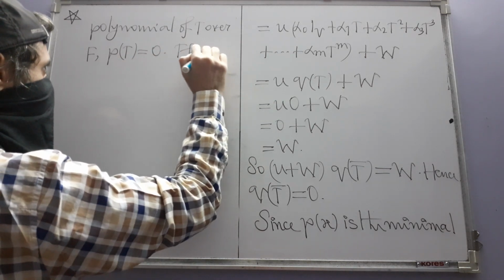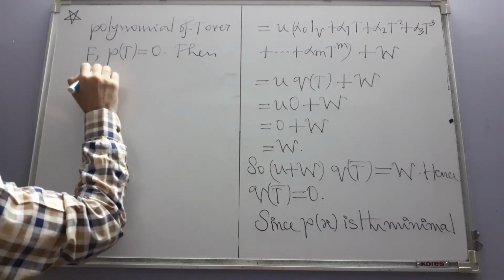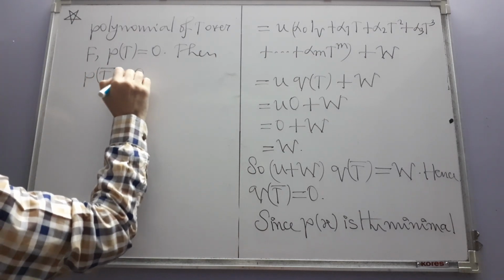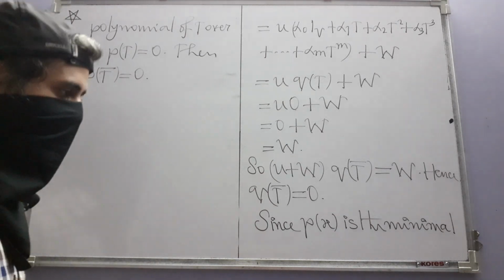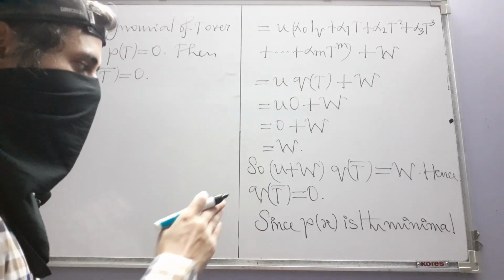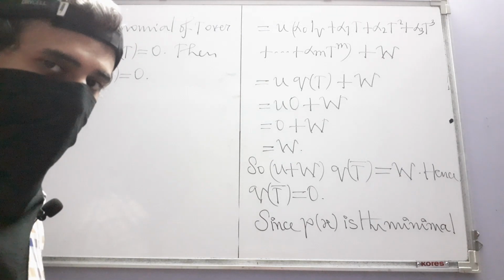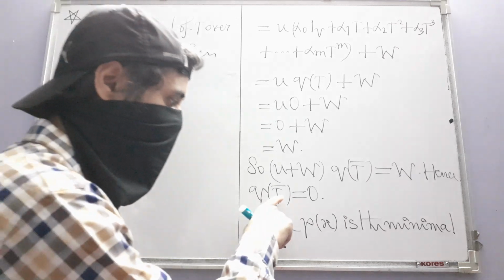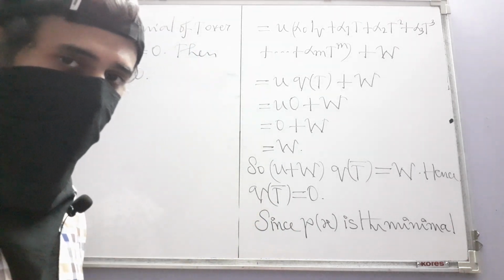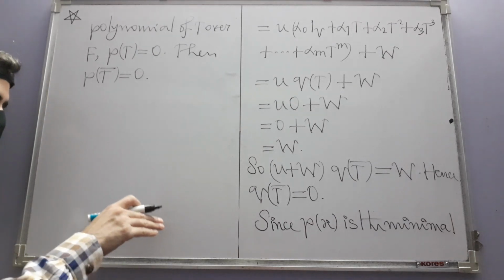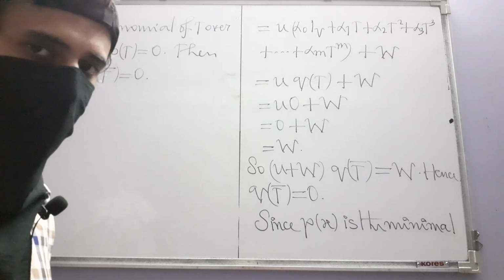Then, by what we have proved just now, P of T bar is also equal to 0. So that means P becomes an annihilating polynomial for the operator T bar. That means it is some polynomial which T bar satisfies. But T bar also has its own minimal polynomial P1 of x, which it satisfies, and which by definition is the annihilating polynomial having least possible degree.